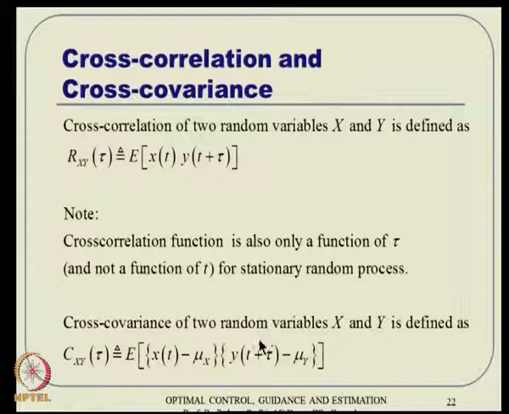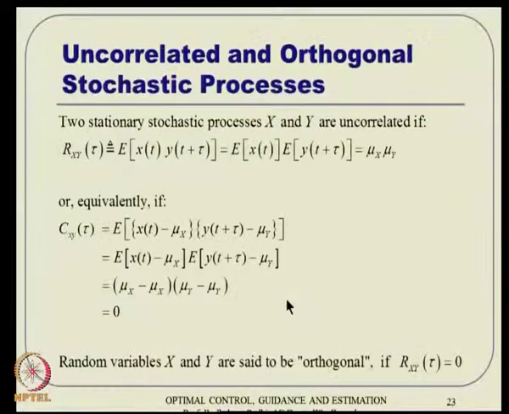So, the cross covariance is defined as the expected value of x minus mu x multiplied with y as a function of t plus tau minus mu y actually. Then something called stationary stochastic processes.